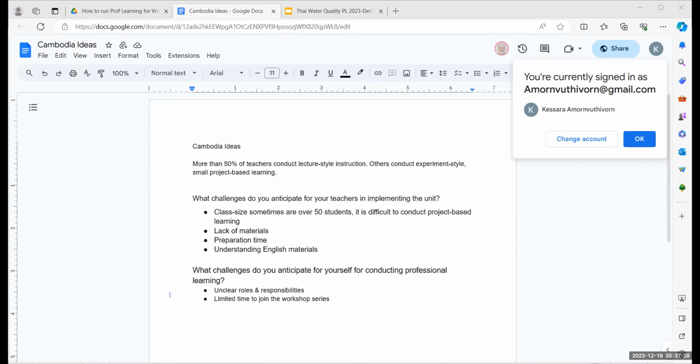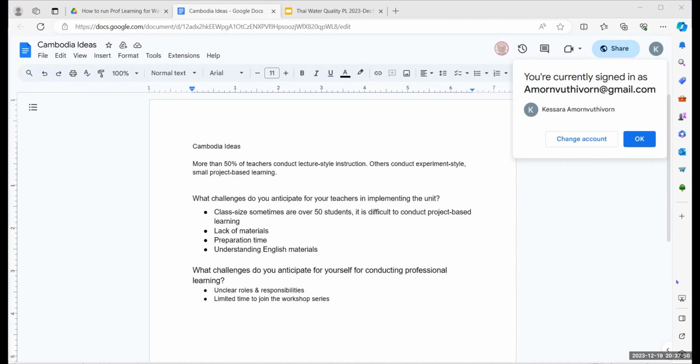So that's why they could not conduct experiment-based or project-based learning. They had to decide to have the lecture style in the classroom. And also they have a lack of materials.